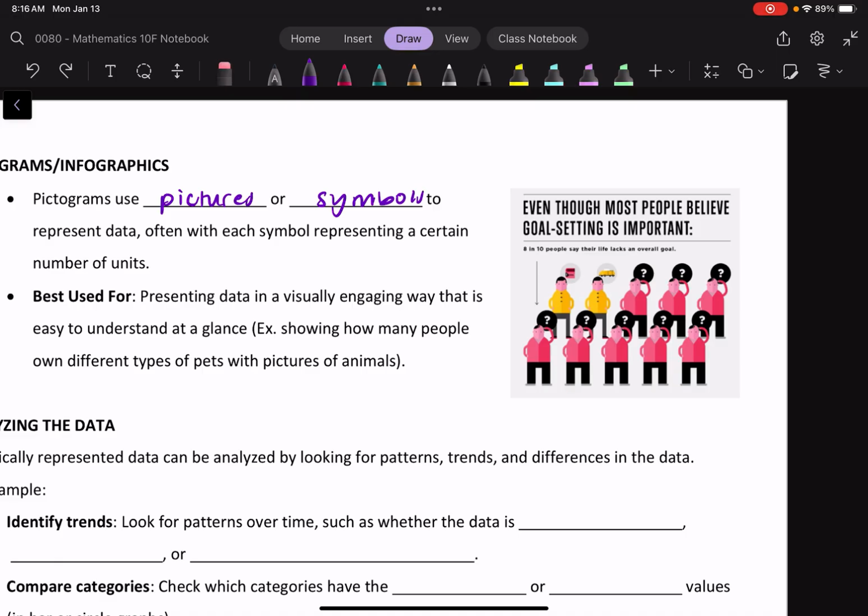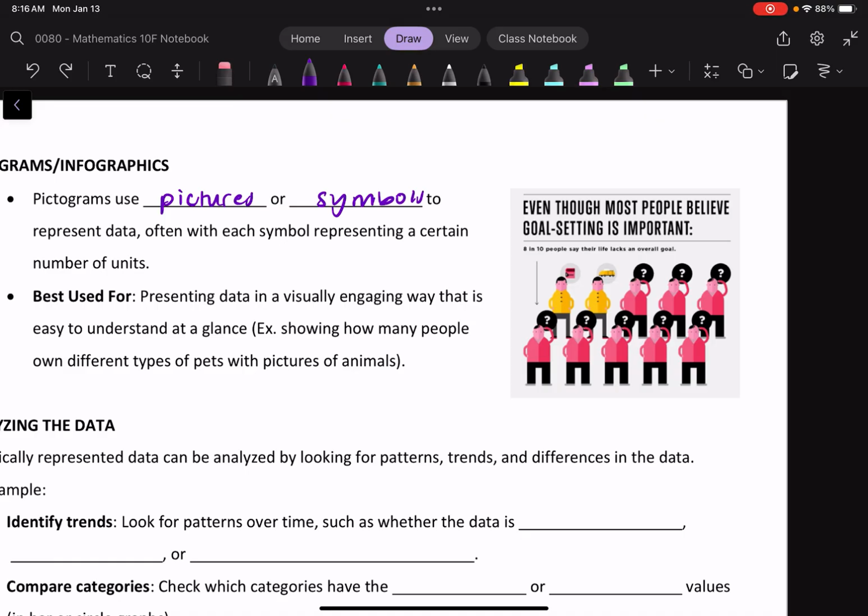I would say that often if we're showing data to the population and I want the majority of the population to understand what's going on, so people that are very young, people that are very old, people with language barriers, people who maybe don't have a lot of education, people that maybe have education but don't totally feel confident interpreting graphs, pictograms are really good to be visually engaging and to allow people from all walks of life to understand kind of what's going on here.